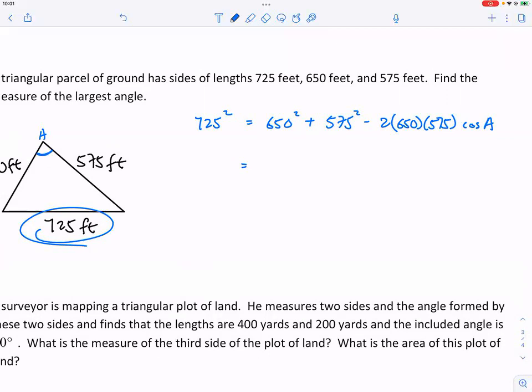So 725 squared minus 650 squared, so I'm subtracting these terms to the other side, minus 575 squared, and then divided by negative 2 times 650 times 575. And by the way, when you are dividing by a product, make sure you use parentheses. If not, the calculator would think that you are still multiplying.